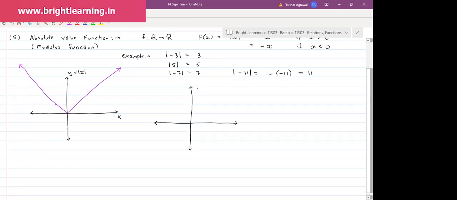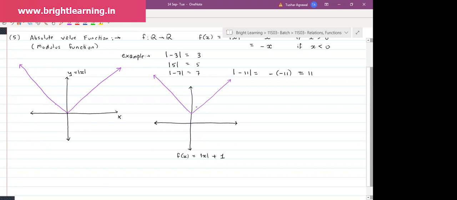If I tell you to draw the graph of f of x is equal to modulus x addition 1, let's say modulus x plus 1, can you see that the graph that I drew for modulus of x will get shifted 1 unit upwards? The whole graph will get shifted 1 unit upwards. This is the graph of modulus of x plus 1.